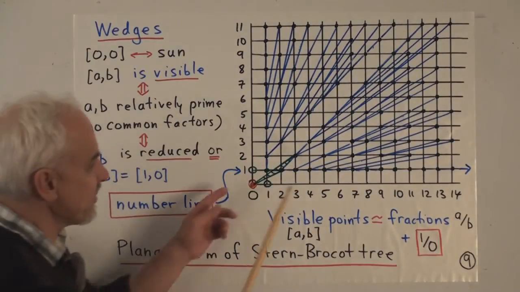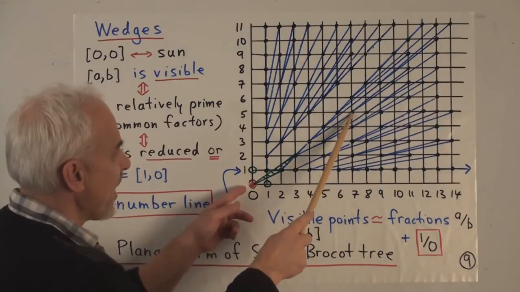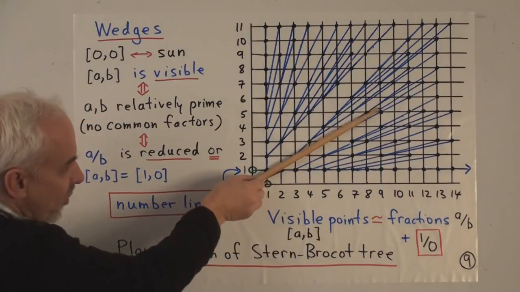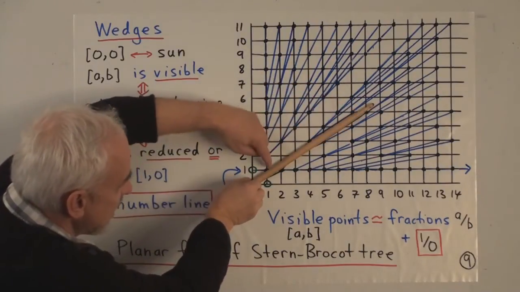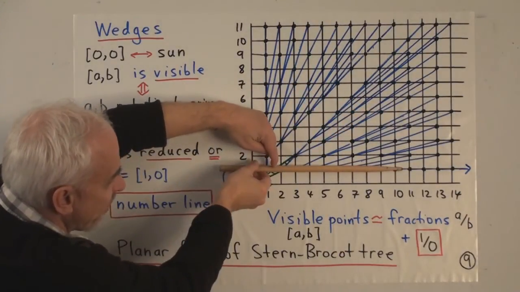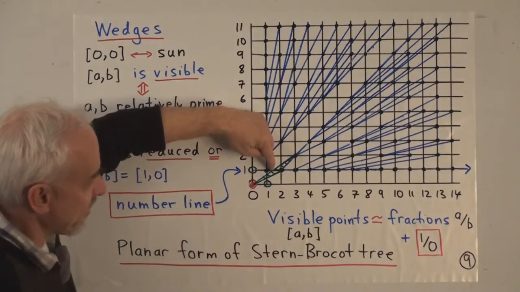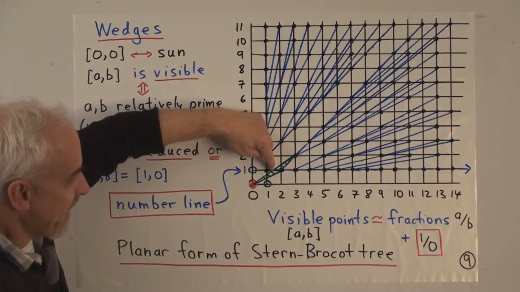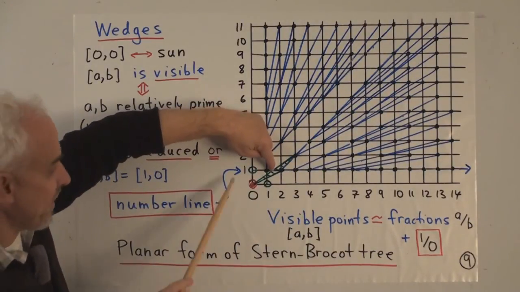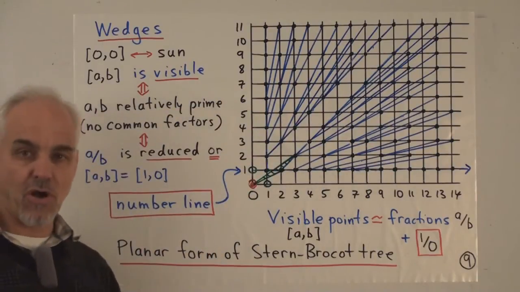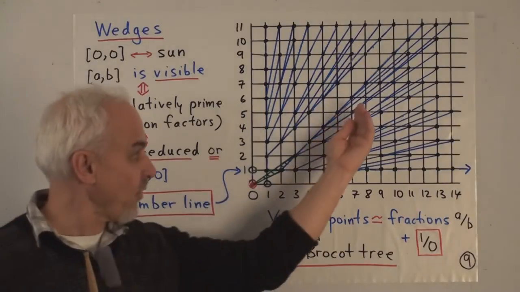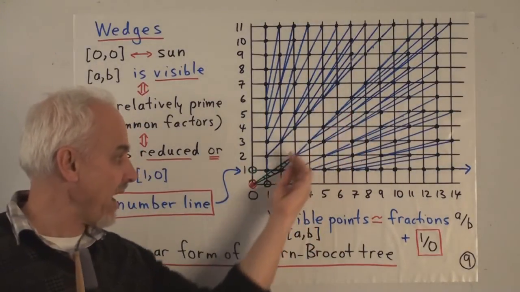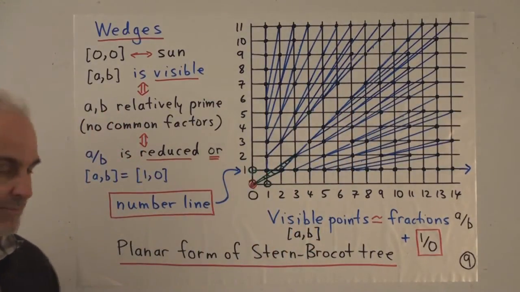So to any point, say 7, 5, I can draw the line from it to the origin, and see where it meets our number line. It would meet it right about there. And that would be a point on the number line, which you would usually call the point 7/5. We've just scaled the y-axis coordinate down so that it's equal to 1.